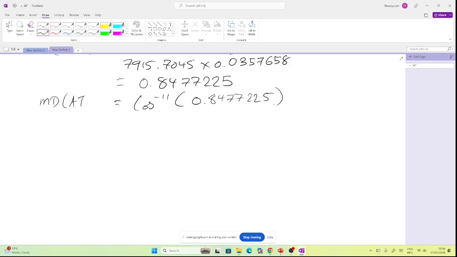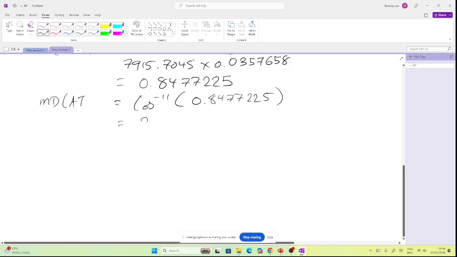So the answer what I'm getting is 32.035 degrees. Okay, so you can see here that is 32 degrees.